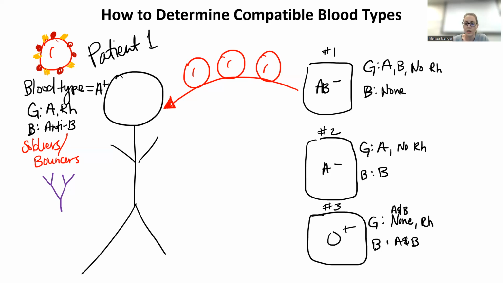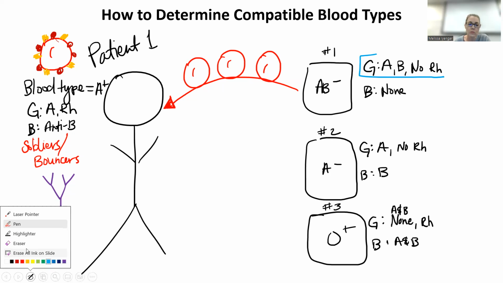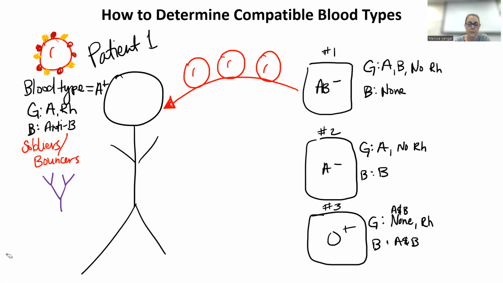So again, we're going to start to think about, if I'm going to do compatible blood types, what am I moving from my donor into my patient? And I have to make sure that I bypass my patient recognizing that as foreign. That's why you maybe want to circle or highlight. Actually, let's use a highlighter here.